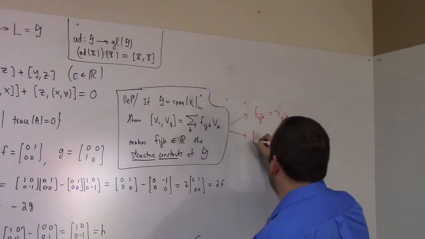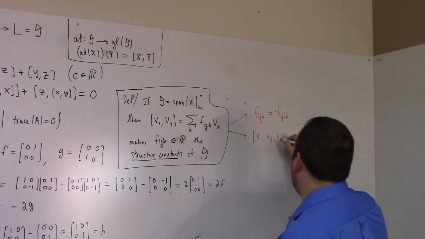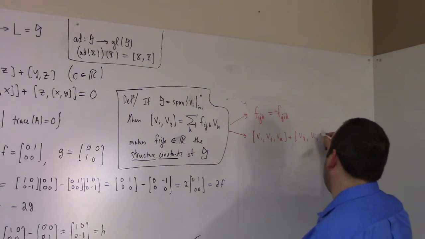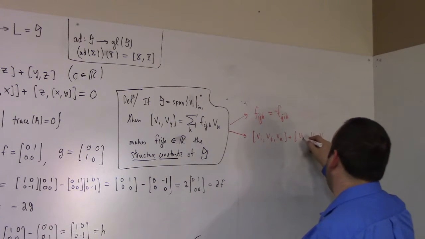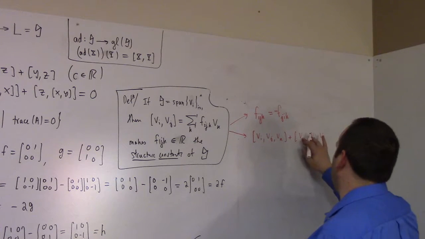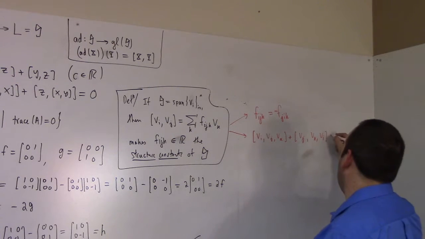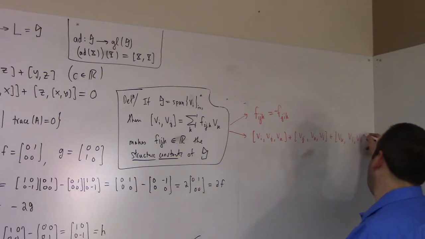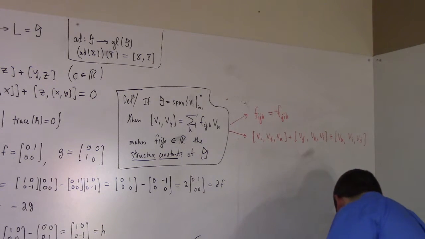If I was to look at the bracket of Vi with the bracket of Vj, Vk, plus the bracket of Vj with the bracket of Vk, Vi, plus the bracket of Vk with the bracket of Vi, Vj, and let me put in my other brackets, which matter, of course.